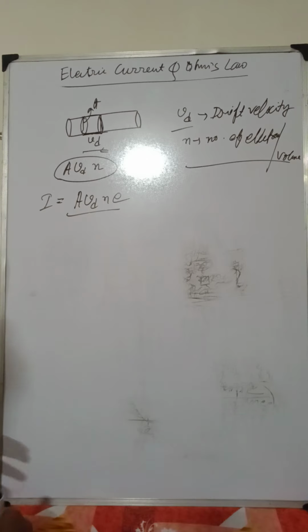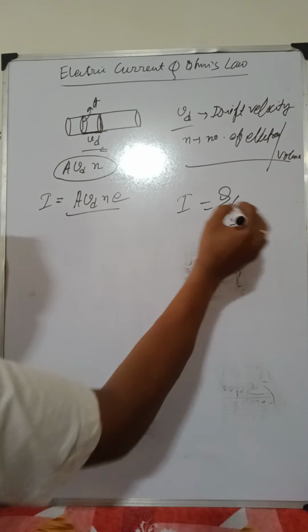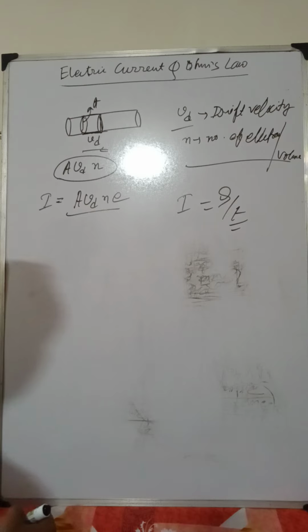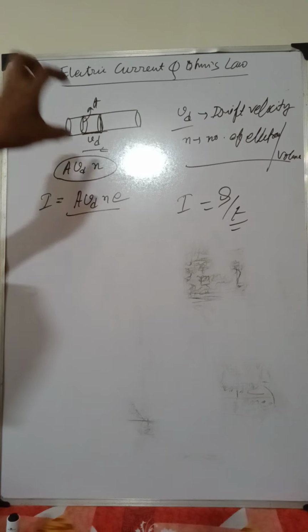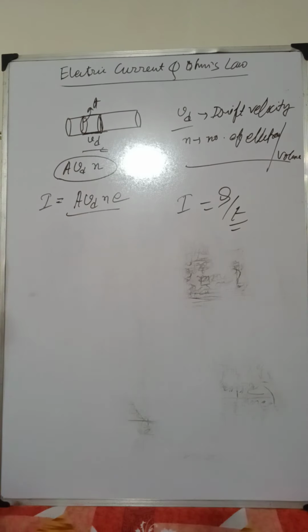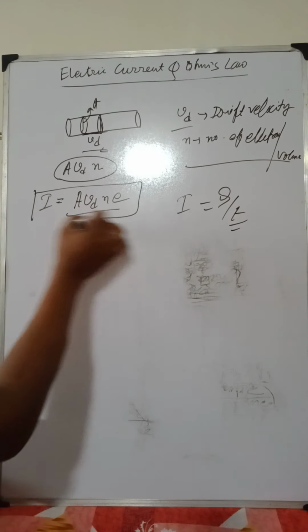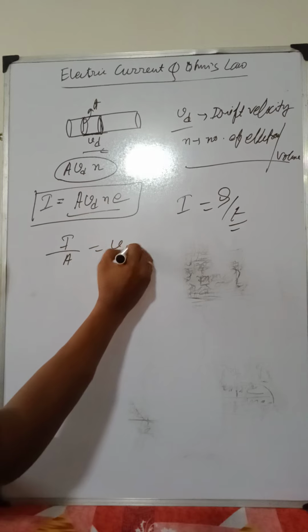We have already read that current is Q by T. If we take T as 1 second, we get I equals Q. So the total charge flowing through a cross-sectional area in 1 second is called the current I. This is our expression, I equals N E A Vd.